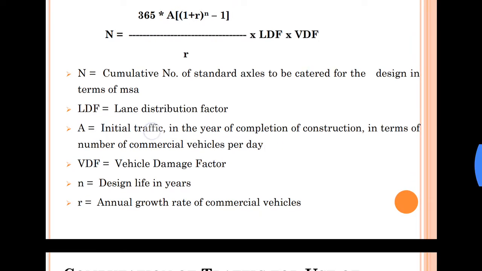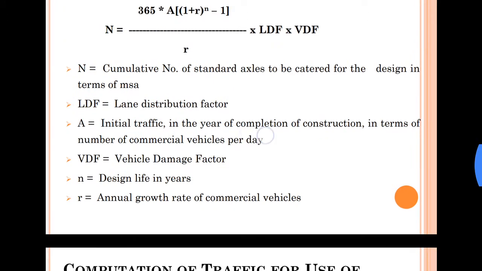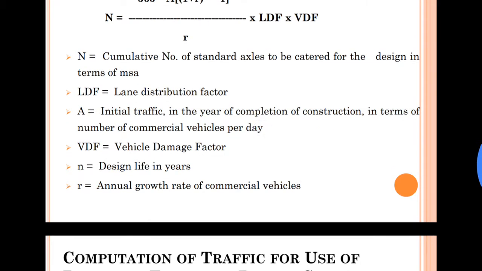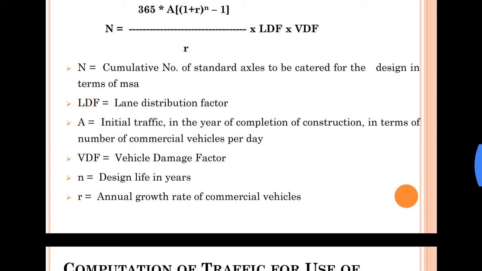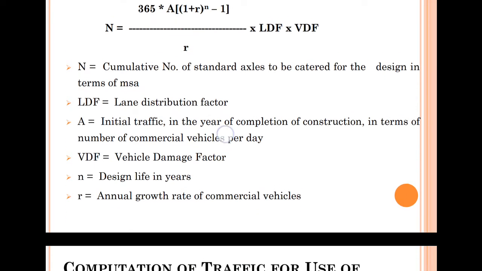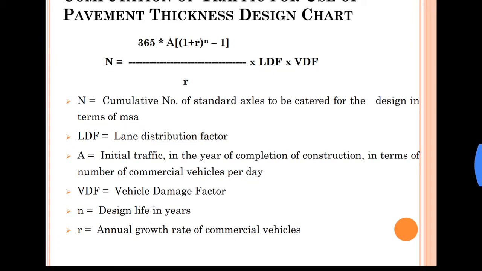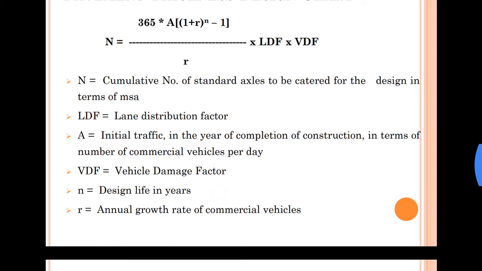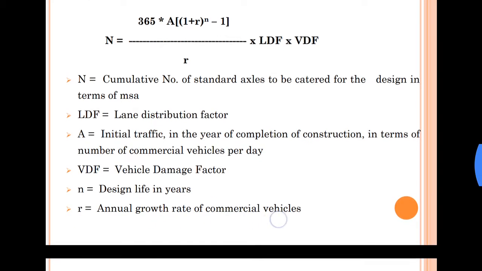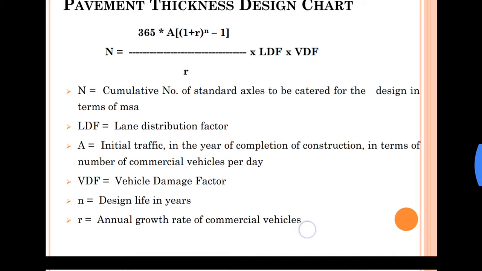Now this A value may be given in the question, or if it is not given, then we have another formula to find the A value. I'll discuss that later on. Then we have n. The small n is nothing but the design life in years. Then R is the annual growth rate of commercial vehicles.